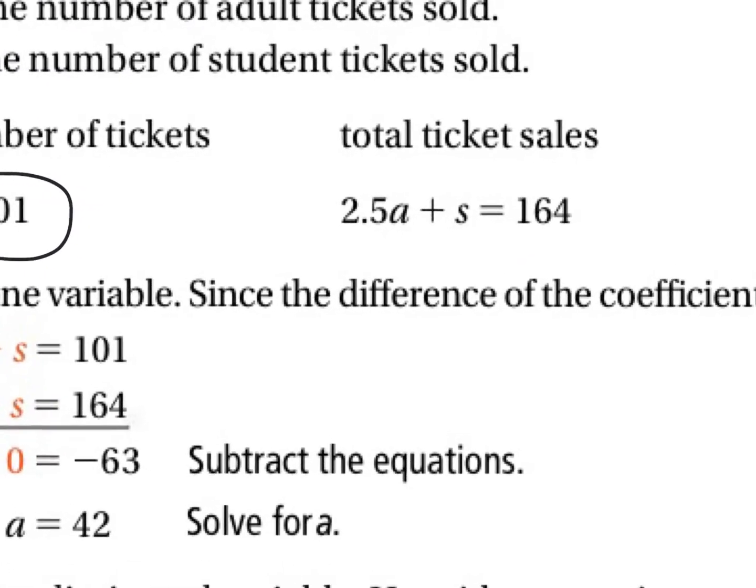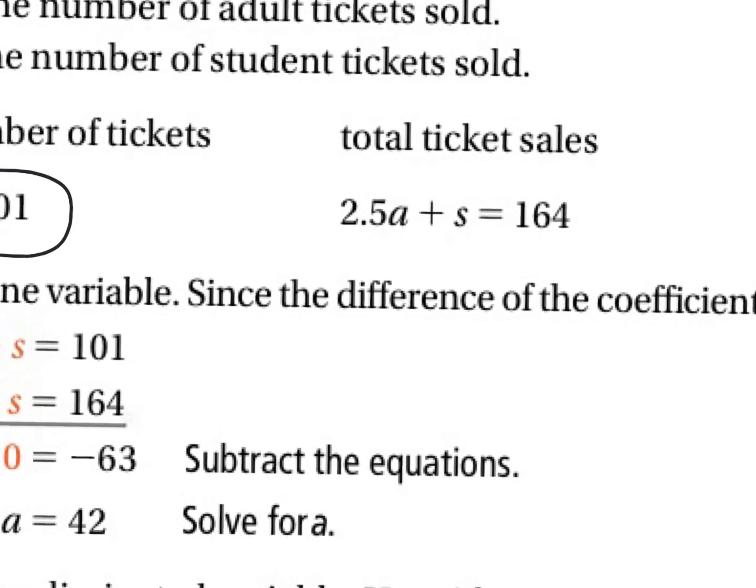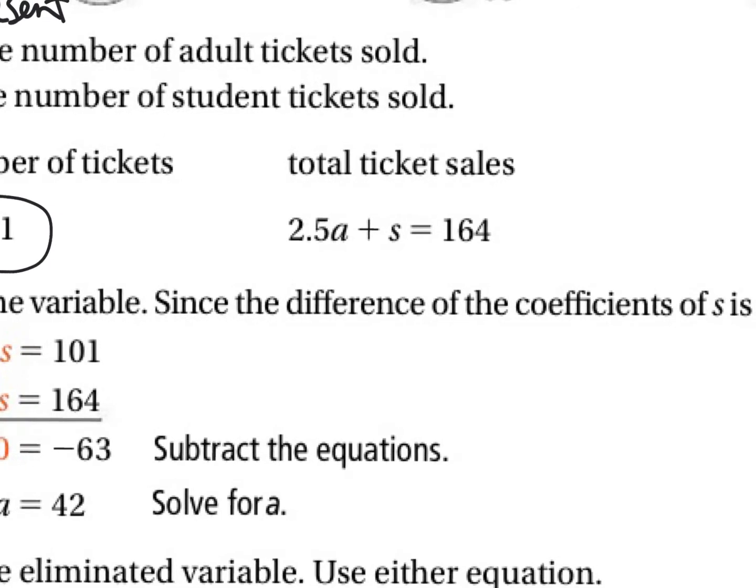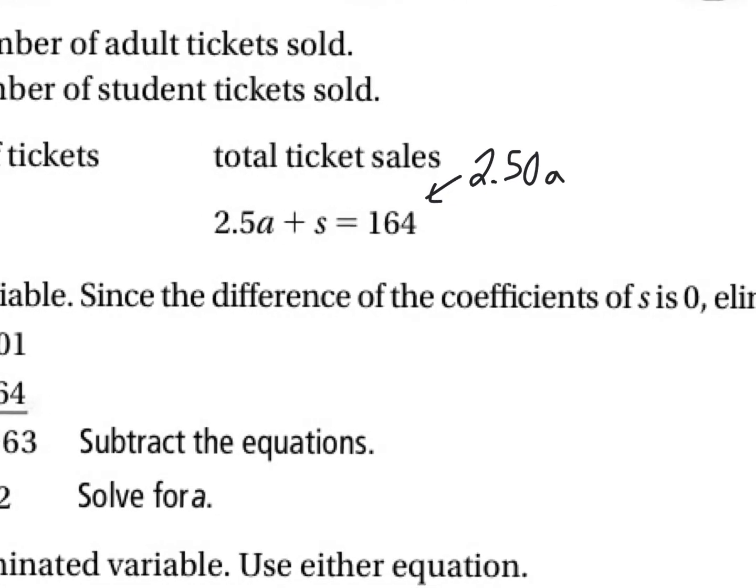And then the other thing we can look at is the sales. The ticket sales: the adult tickets were $2.50 each, and the student tickets were $1 each. A little different than what the book did. If you wanted to, you could say $2.50 times A plus $1 times S equals 164, just because it's money we're dealing with.